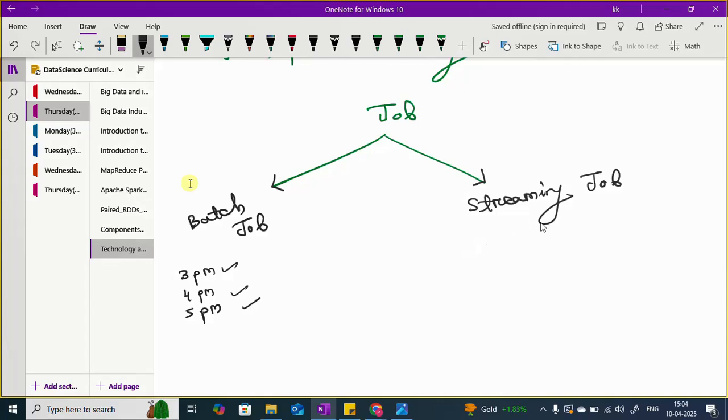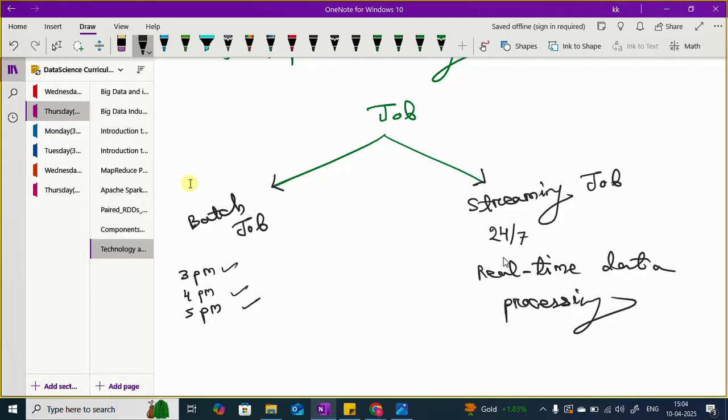But coming to streaming job, it's live streaming data. The job will be running 24 by 7, like an event listener. As soon as any upstream team puts the data in the Kafka topic, immediately the Kafka consumer will consume the data from the Kafka topic. So this is real-time data processing. There is no certain time for it; it will always be running.